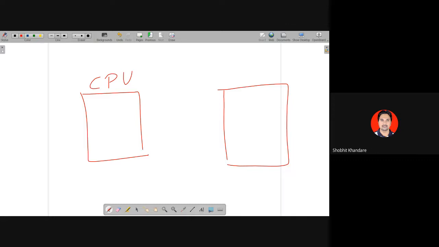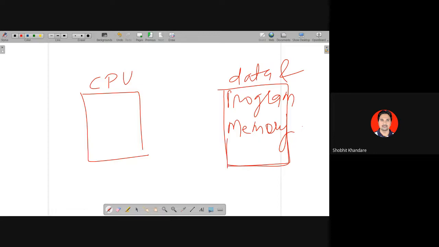This memory is your data and program memory. Remember, this block contains data as well as program memory. There are no two separate memories for data and program. And you have a CPU.